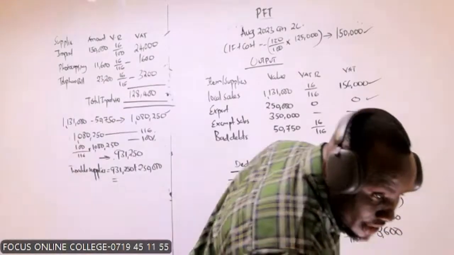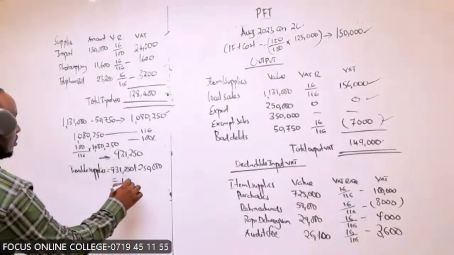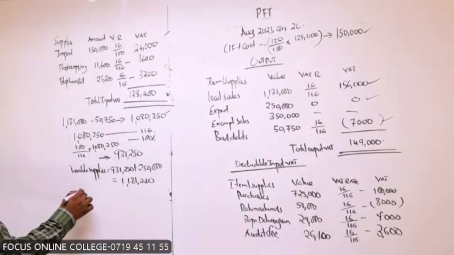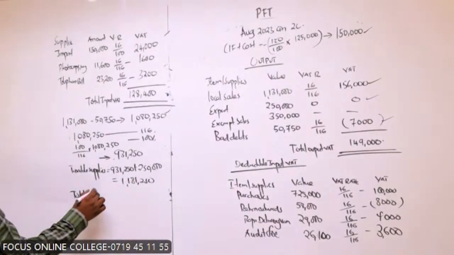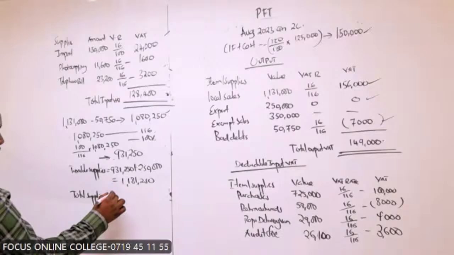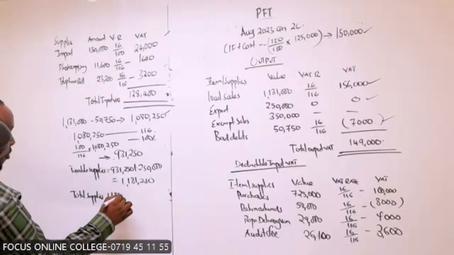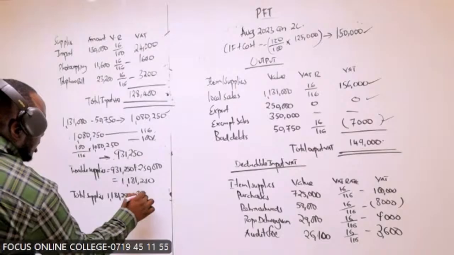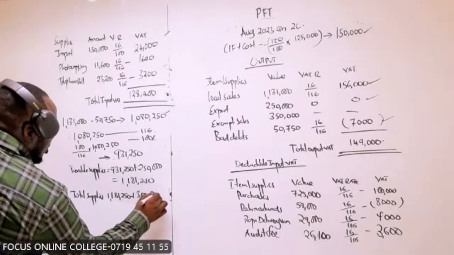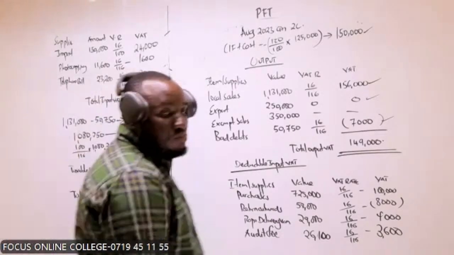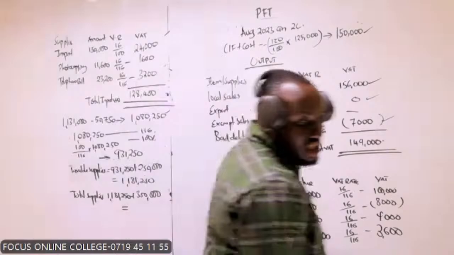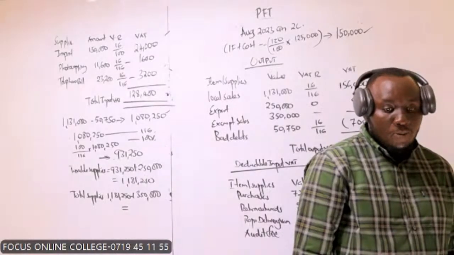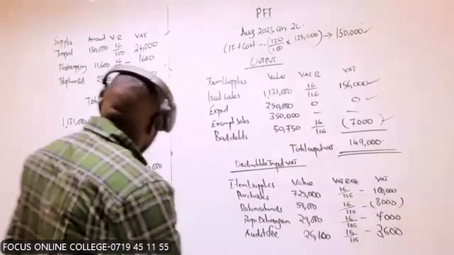That is 1181 to 50. Total supply. You had 1181 to 50, you add plus exempt, which was 350. If you add it to 350, what are the total supplies? 1531 to 50.